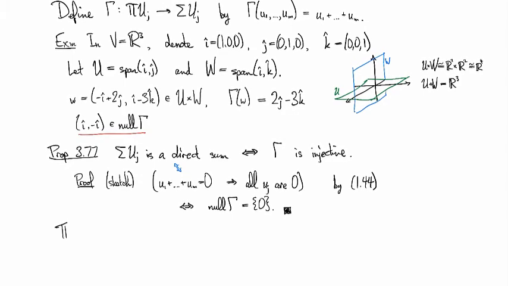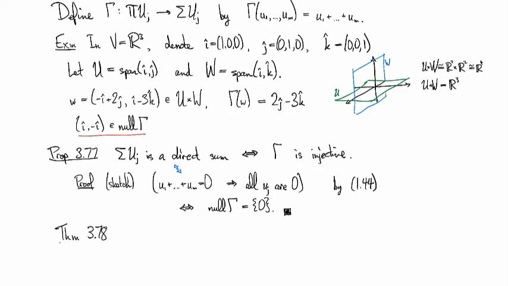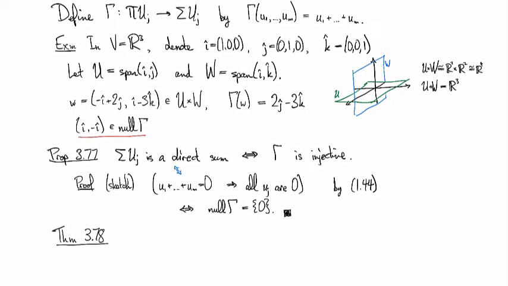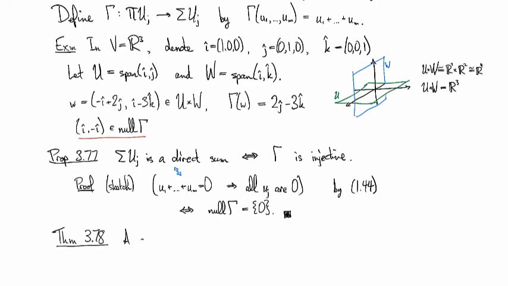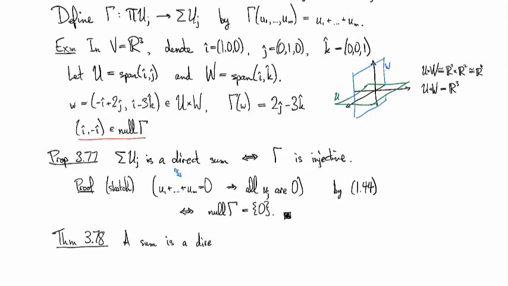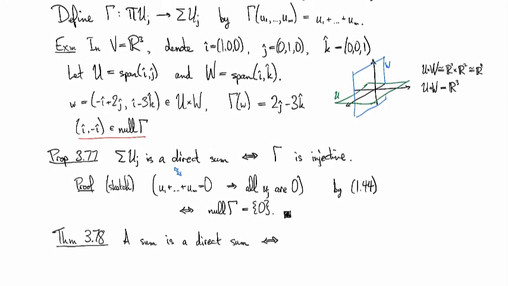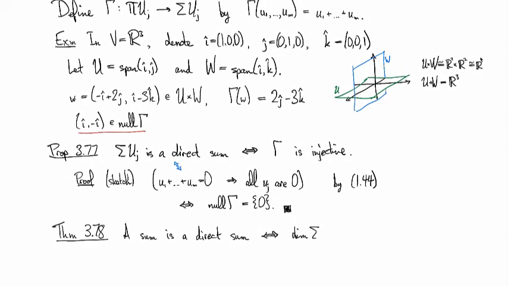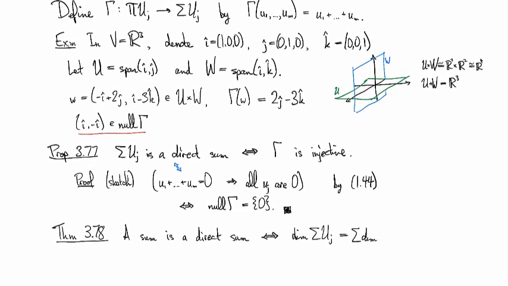And that proposition allows us to prove a theorem which could have been stated back in chapter 1, but turns out it's really difficult to prove without knowing what a product is. So a sum is direct if and only if the dimension of the sum is equal to the sum of the dimensions.